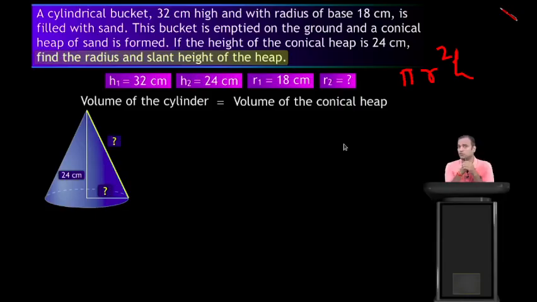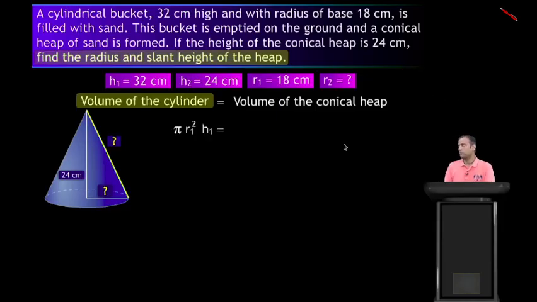But for this cylinder we have r1 and h1, so we can write this as pi r1 square h1. You don't need to write the same r and h if they are not the same. If they are different, you have to use different symbols for the radius and the height.